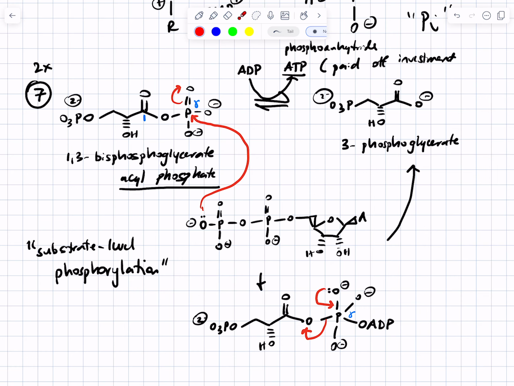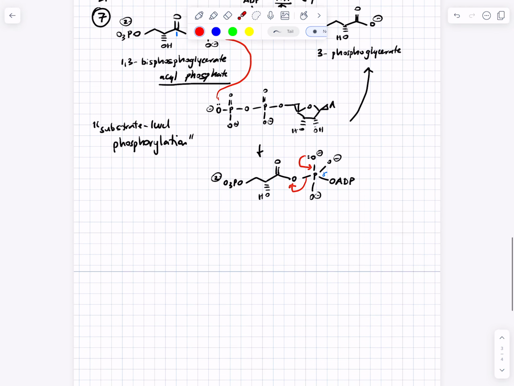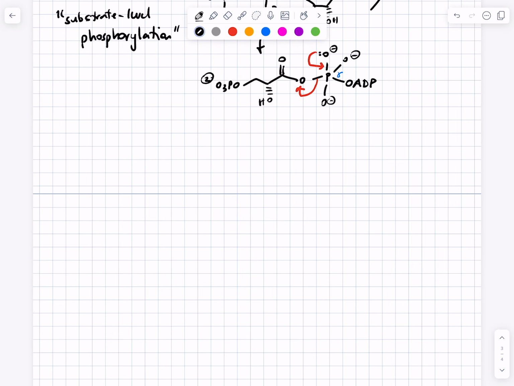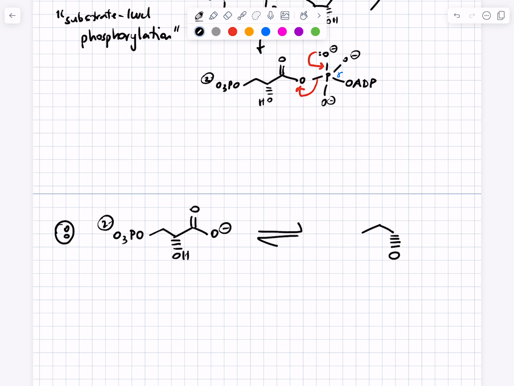All right. So step 8 takes 3-phosphoglycerate, where the phosphoester is on the C3 hydroxyl group, and it's going to move the phosphate over to the C2 hydroxyl group.